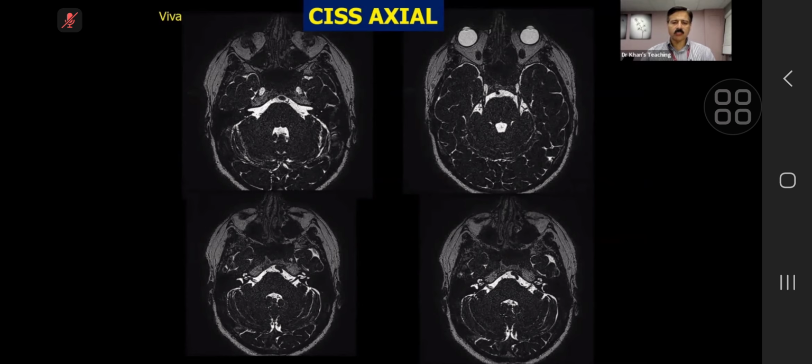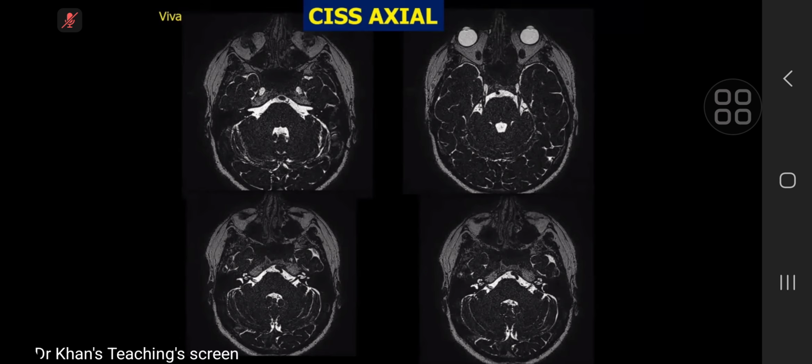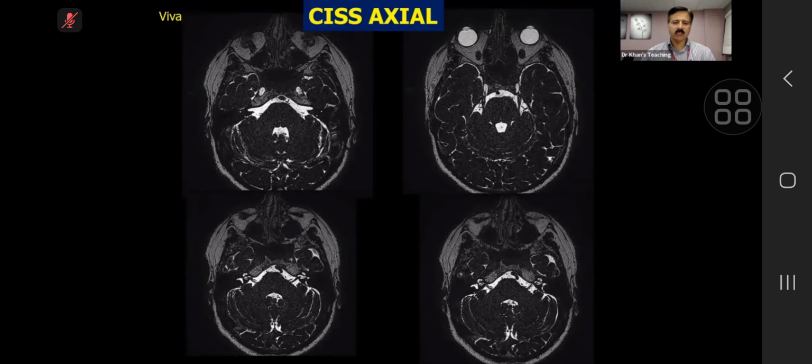What is it? It is a highly T2 weighted, high resolution sequence. So CSF appears very bright, and vessels and nerves appear as a filling defect. CISS sequence anatomy is asked in the exam, and you have to know it very crisply and sharply.